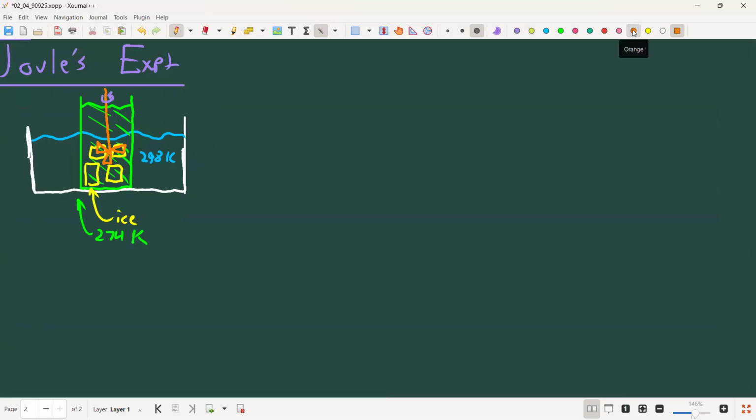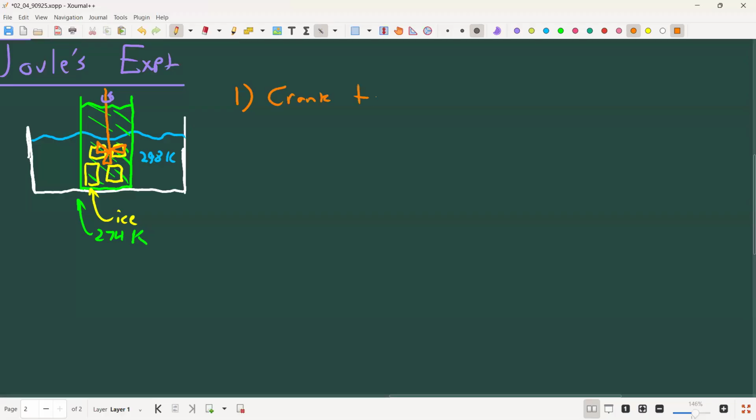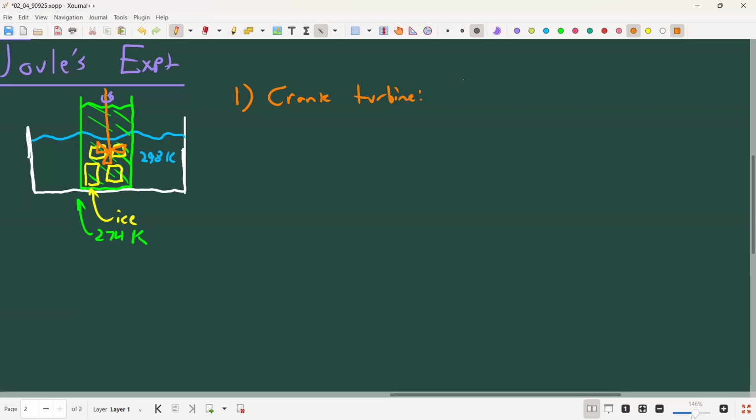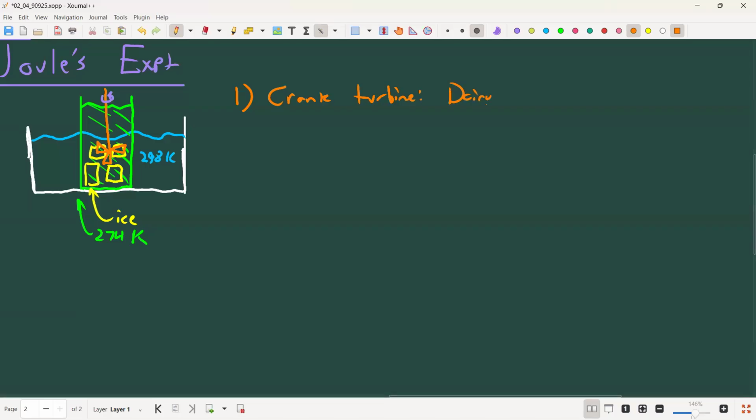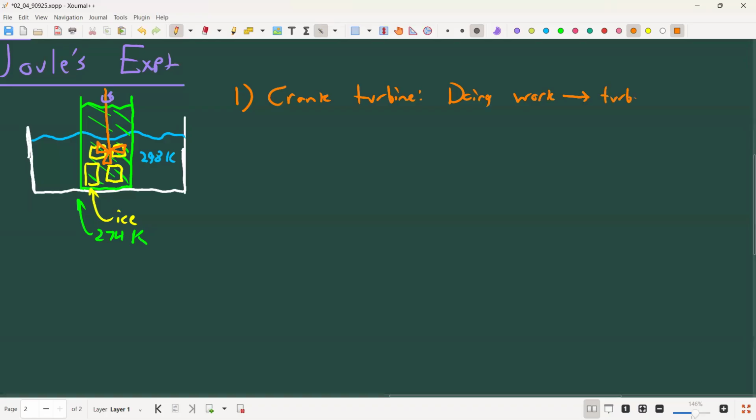So he does two things. One, he sits there for a long time and just cranks the turbine. What does he observe? Well, what he observes is, again, he's doing work, right? And what that does is, because of the friction with the water, you have turbine friction with fluid.